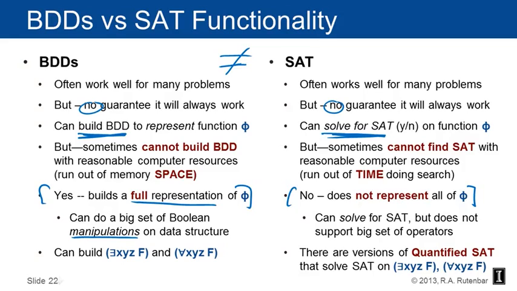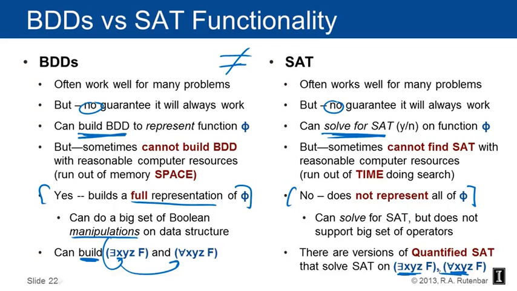So, for example, you can build the functions that represent existential and universal quantifications. That's one of the kinds of manipulations you can do in a BDD universe. In the SAT universe, there are actually different versions of SAT solvers. There are versions called quantified SAT solvers, where you give the function in a CNF form, and then you say, here are the variables I would like to quantify away, please.